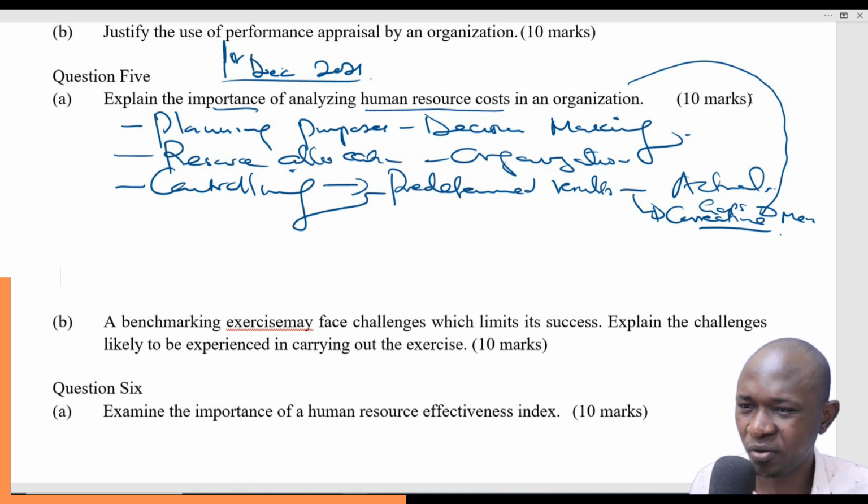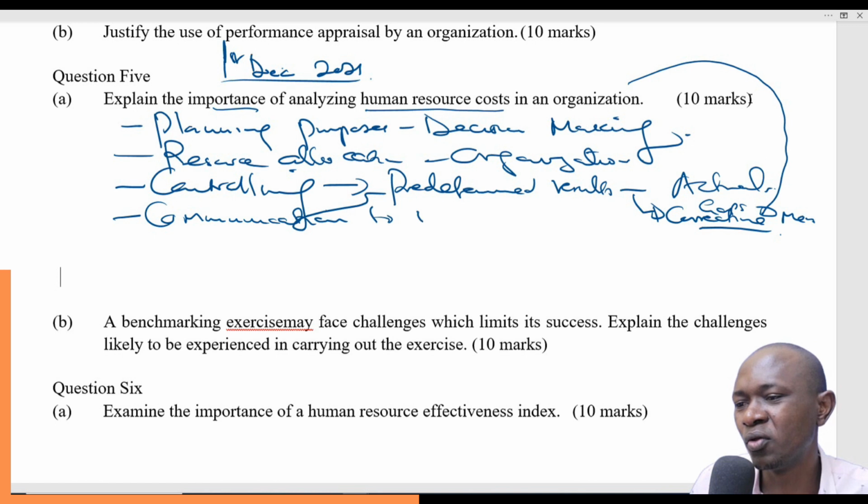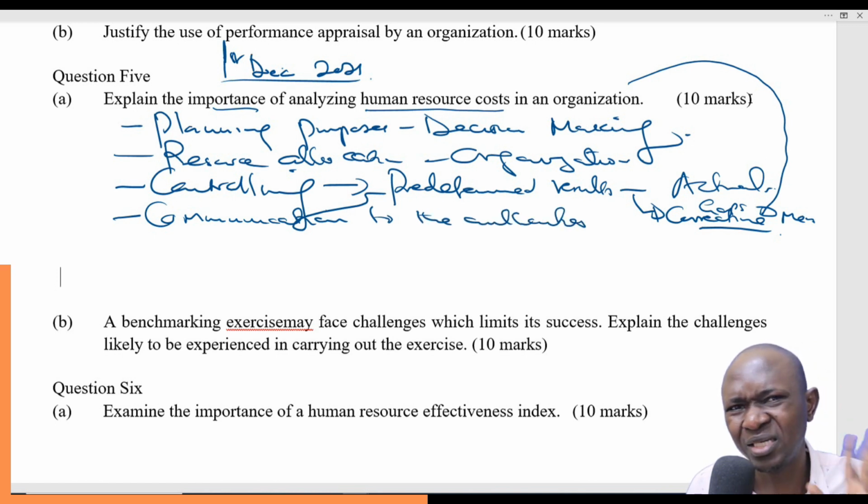And then the other importance of analyzing human resource costs is that it makes communication easier. Communication, especially to the authorities, to the bosses, to the stakeholders, to the shareholders. It makes it very easy.